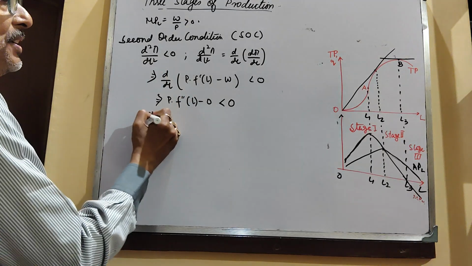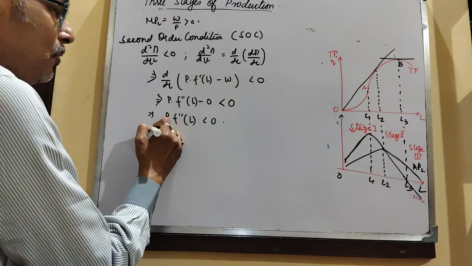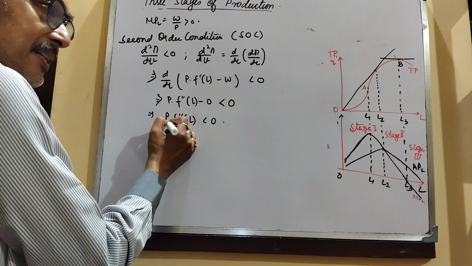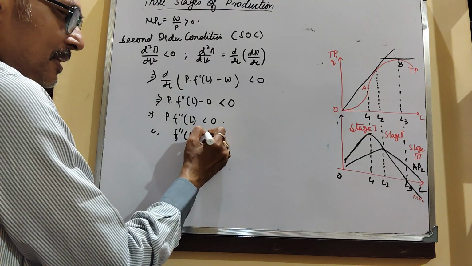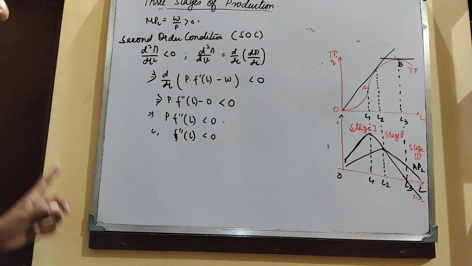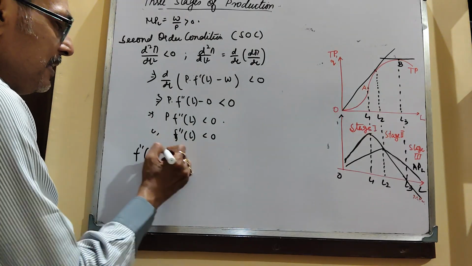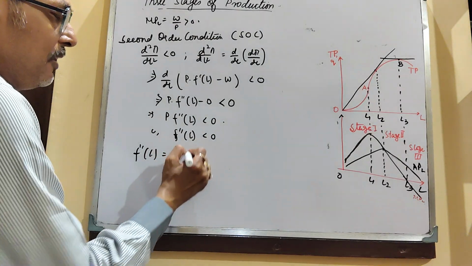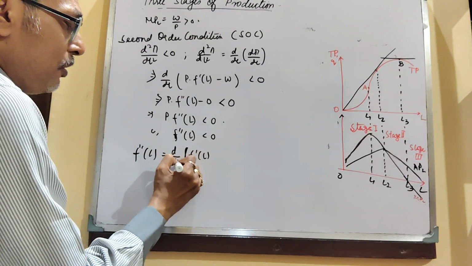What does it mean? P into f double prime l is less than 0, and P is always positive, therefore f double prime l is less than 0. Now the question is, what is f double prime l? F double prime l is d dl of f prime l.